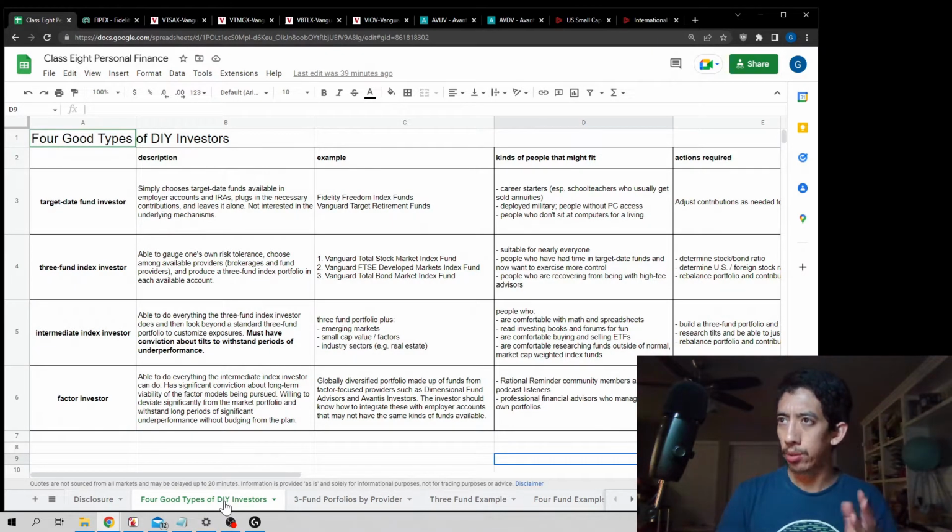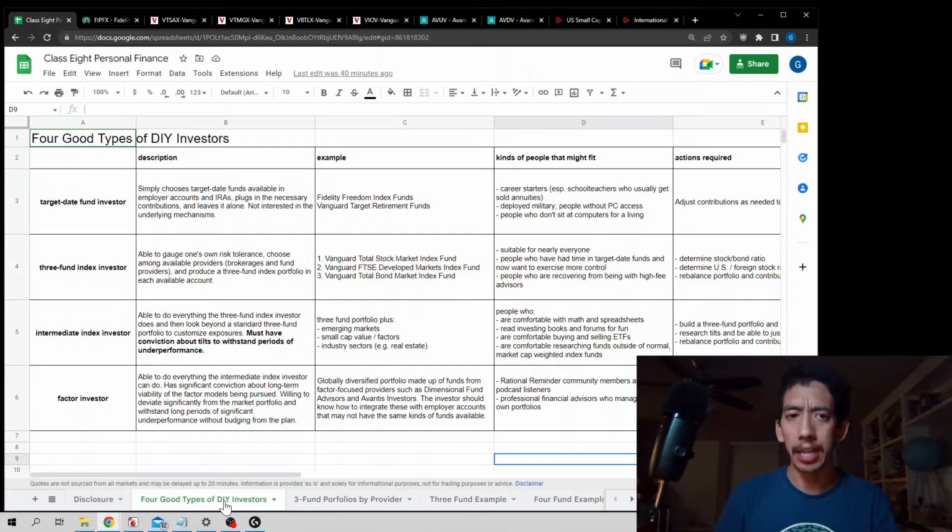I was already thinking about talking about types of investors or levels of investing. My thought is let's put together some models of what a good DIY investor might look like, based upon how much involvement that investor might want to have with the portfolio in the first place, what the knowledge level is, how much they really want to learn about spreadsheets, etc., versus just letting it sit there and doing nothing with it until seeing it once a year or perhaps even less than that.